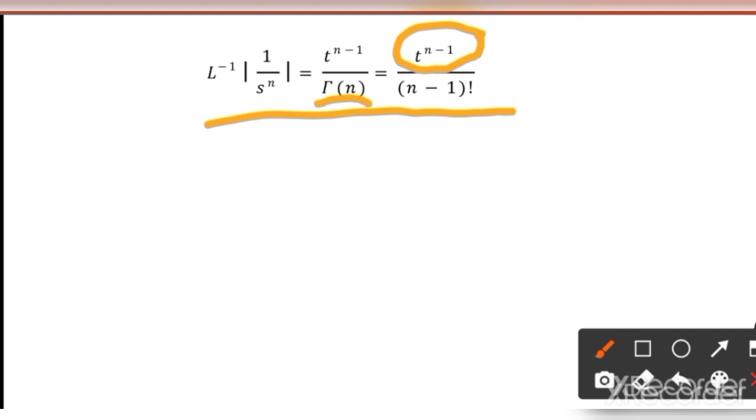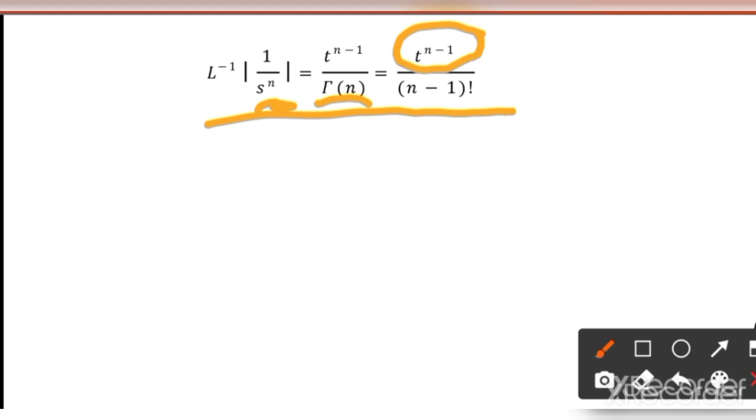For our convenience, we can replace n by n minus 1. Then 1 over s power n plus 1 becomes 1 over s power n minus 1 plus 1, that is 1 over s power n. So we get a result for 1 over s power n rather than 1 over s power n plus 1.